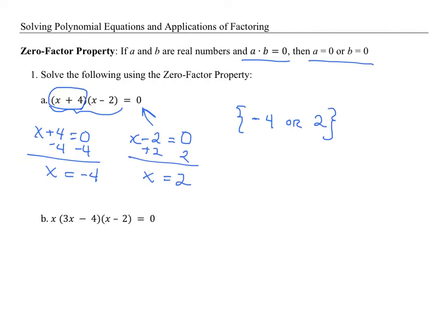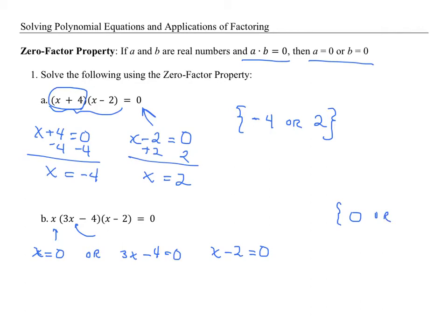All right, now let's look at B. Well, there's three factors here. This little guy in front, so x can equal 0, or this guy, 3x minus 4 is equal to 0, or x minus 2 is equal to 0. So x is equal to 0. We're already all set to put him in there. He doesn't have to be solved.